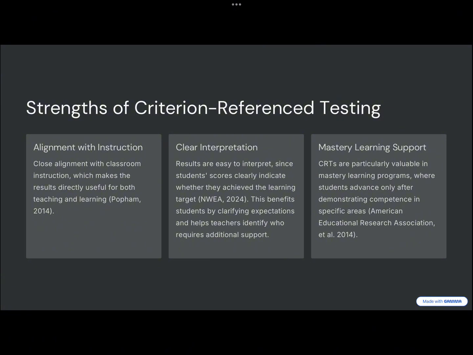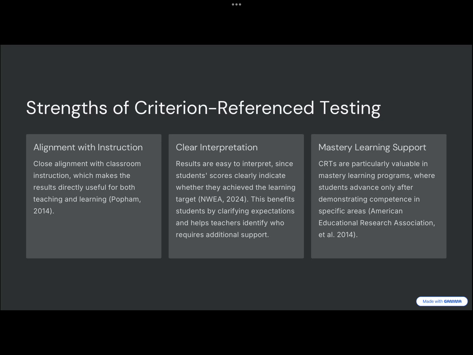Now, close alignment with classroom instruction, which makes the results directly useful for both teaching and learning. So meaning, criterion reference tests or CRTs are directly connected to what is taught in class, making the results immediately useful for both teachers and students.